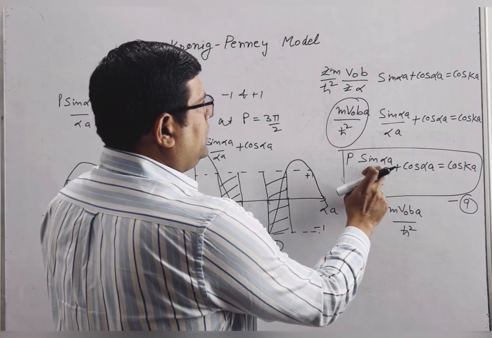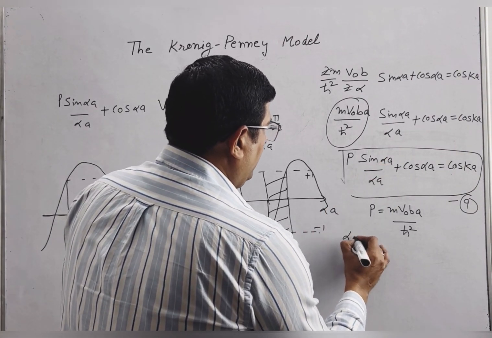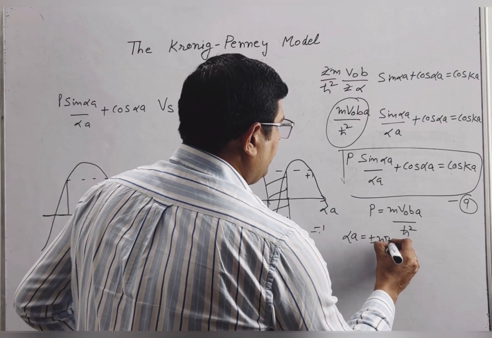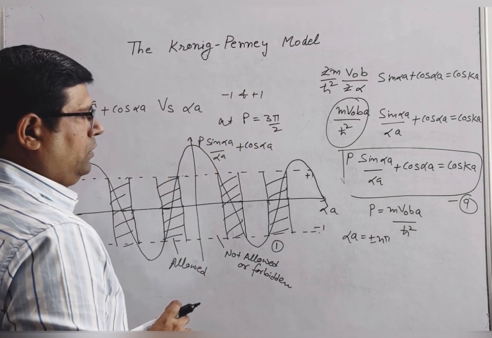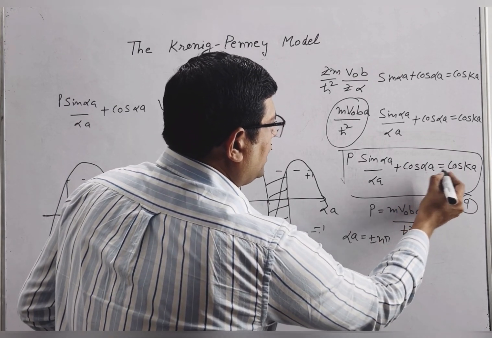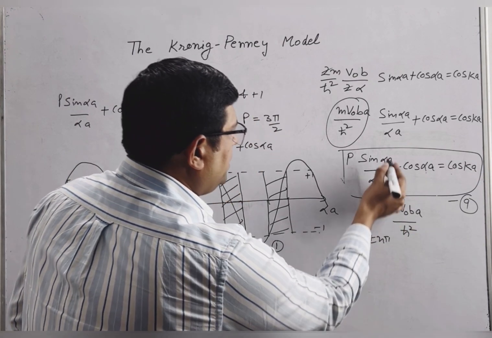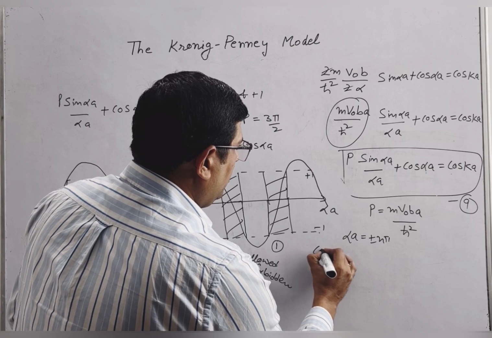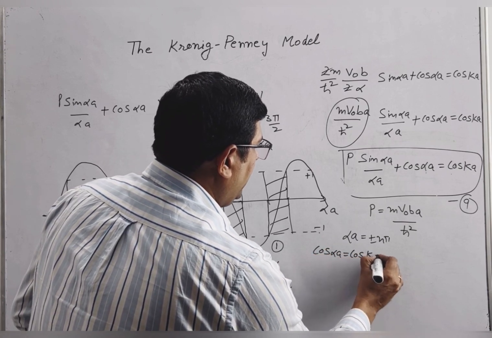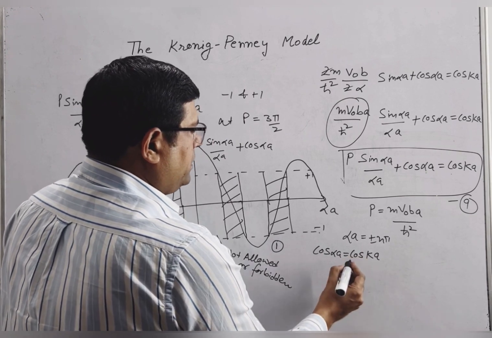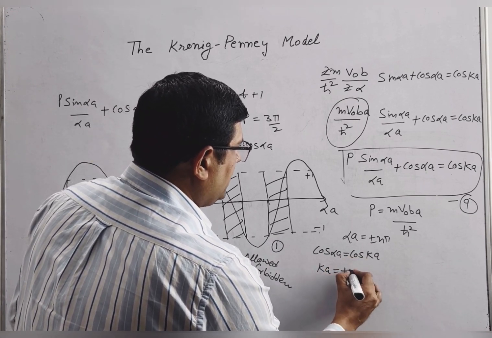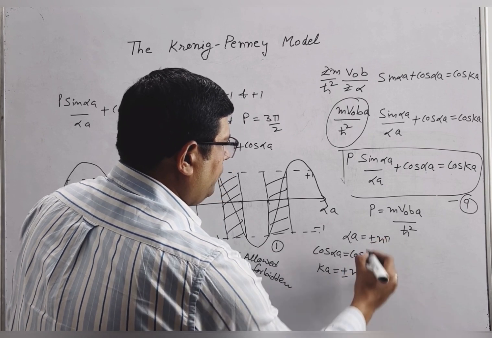We know in this equation when alpha A equal to plus minus n pi, then cos alpha A will be equal to cos Ka. This term will be 0. So cos alpha A equal to cos Ka, and Ka will be equal to plus minus n pi from here.